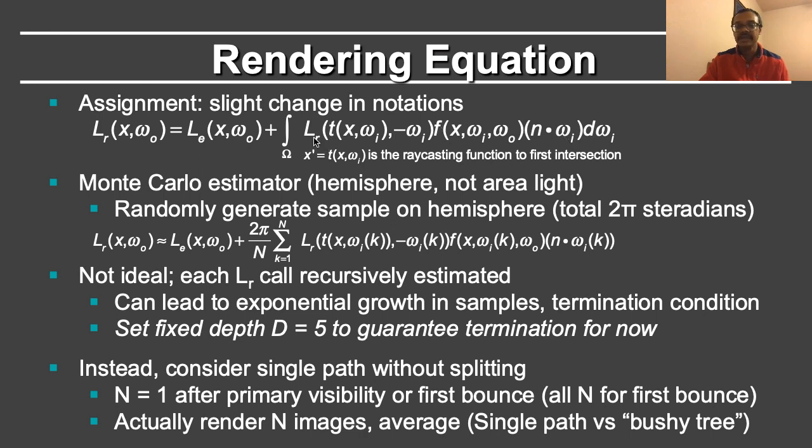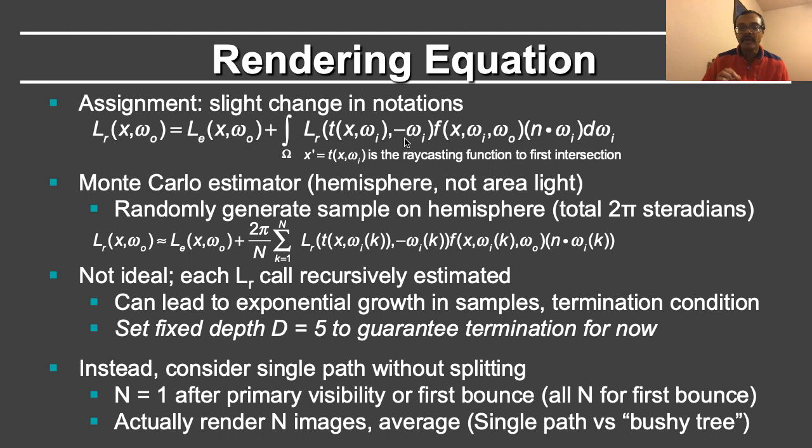However, for the incident light, or correspondingly the reflected light from x prime, there's a slight change in notation. So x prime is just equal to t of x comma omega in, the ray casting function to the first intersection. And we consider the outgoing light in the direction minus omega in from that location.